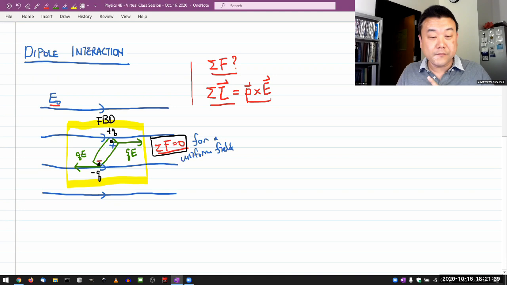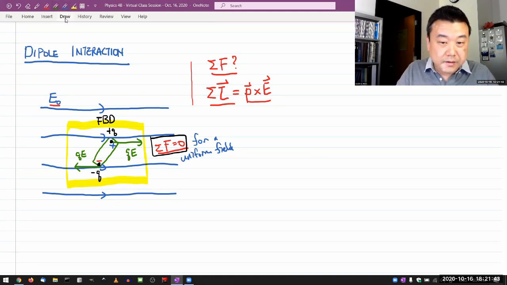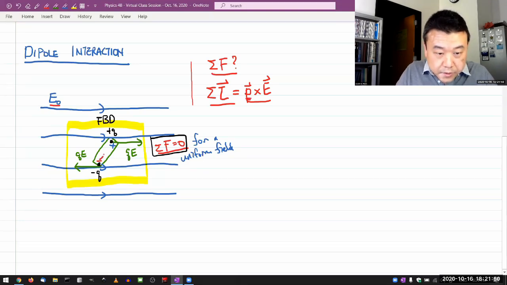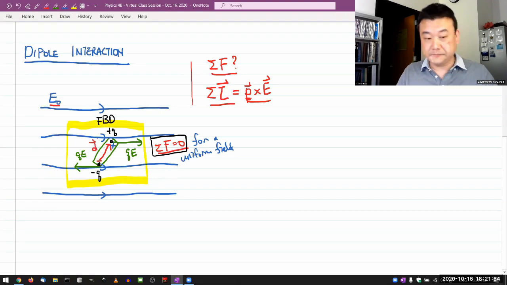For the purpose of complete description, the dipole moment as a vector quantity is defined to point in the direction of this displacement vector d, and the electric dipole moment is defined as the charge times d.